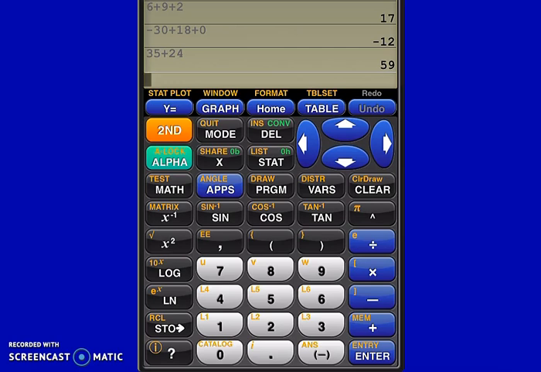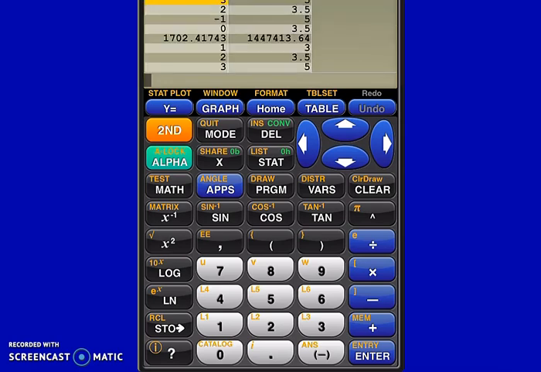To get points to plot, all you have to do is push second graph to get your table. When you scroll up and down, hopefully you see that our vertex is 1, 3. After that point, above and below, the values start to repeat because it's symmetrical.